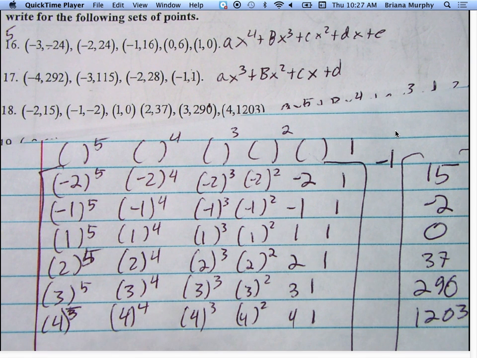We take it all to the negative 1 power. And we times it by a 6 by 1 matrices. And we plug in 15, negative 2, 0, 37, 290, and 1,203.